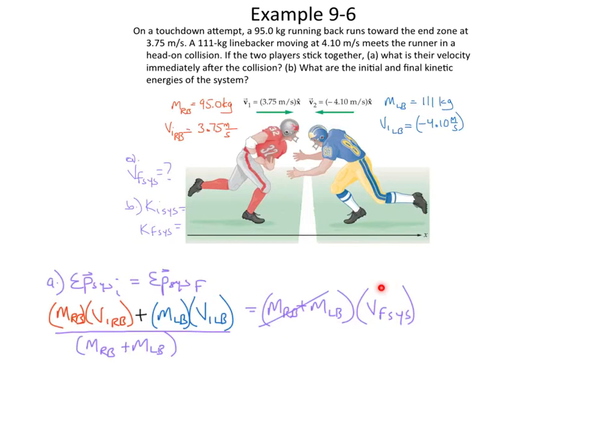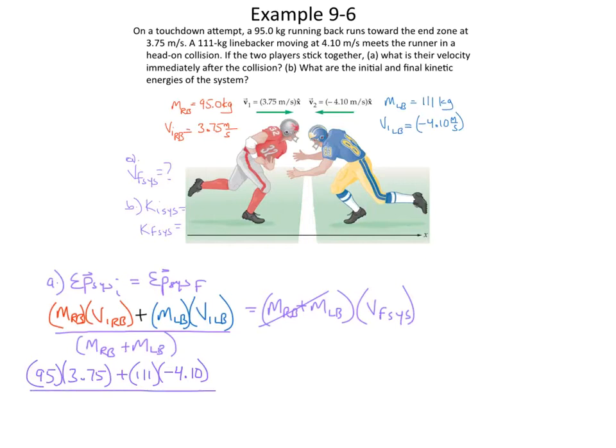Okay? So let's plug our values in. Mass of the running back is 95 times what was his initial velocity? That was 3.75 meters per second. All right? Plus mass of the linebacker, 111, right? 111 kilograms times that negative, and this is why the velocity direction is important, negative 4.10 meters per second that he was originally going at.